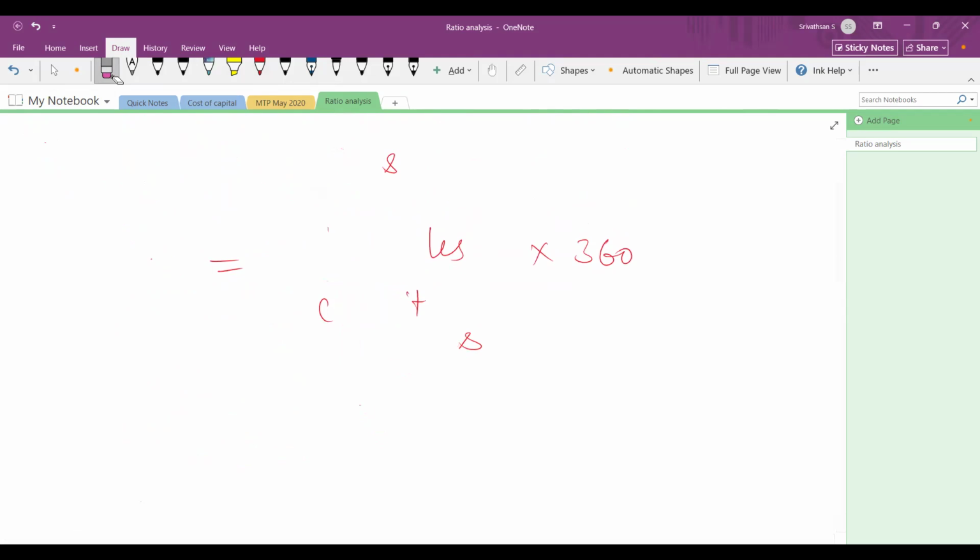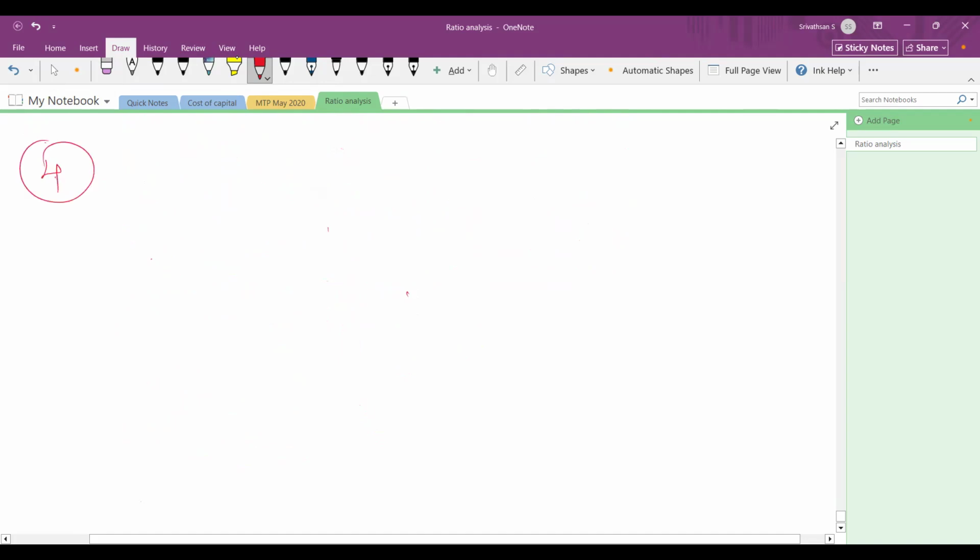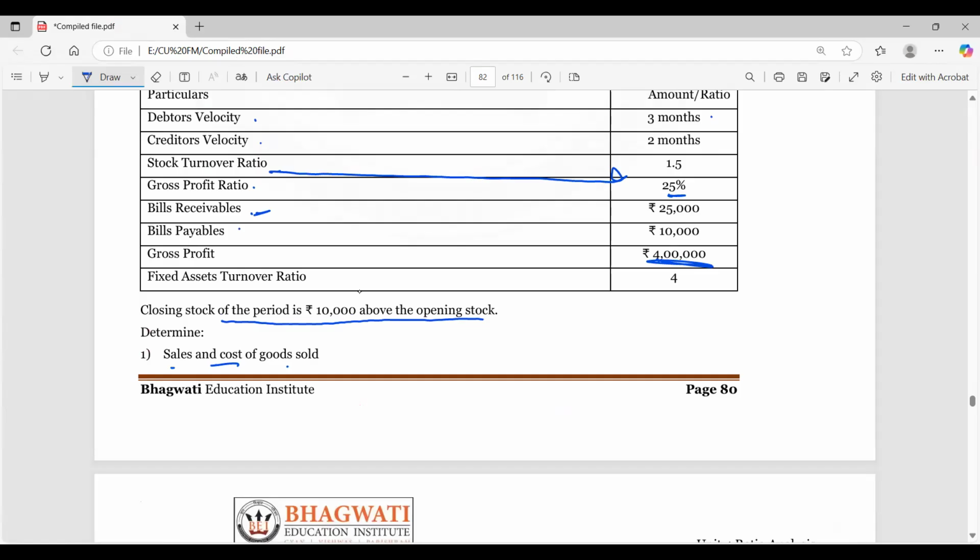For the turnover ratio you need purchases, but you don't have the purchases itself, so we have to calculate it. Let me solve the fourth requirement, which is closing stock.